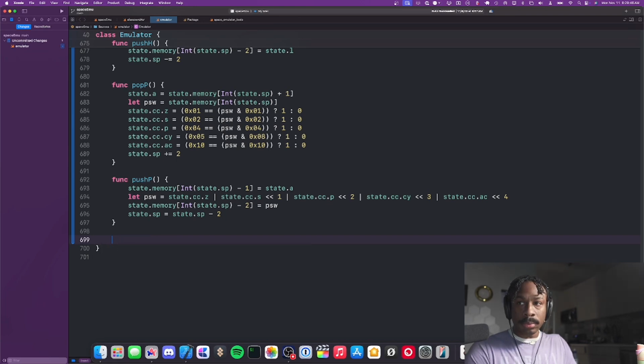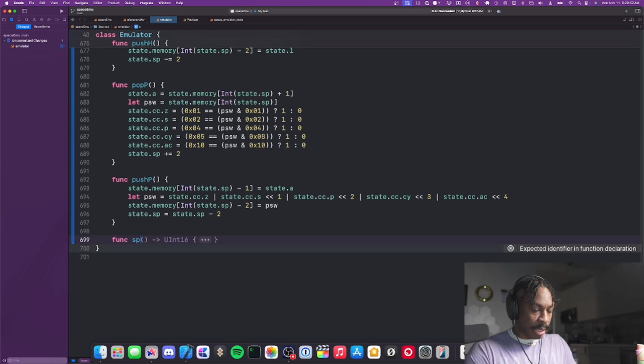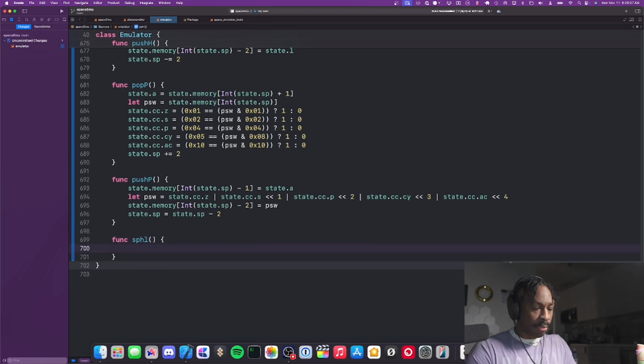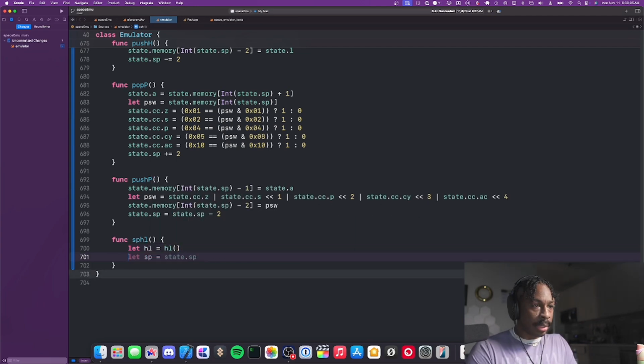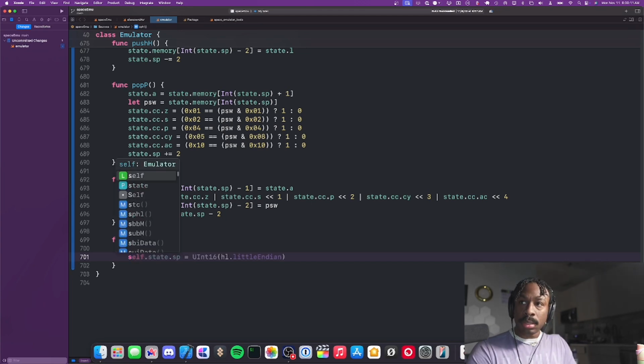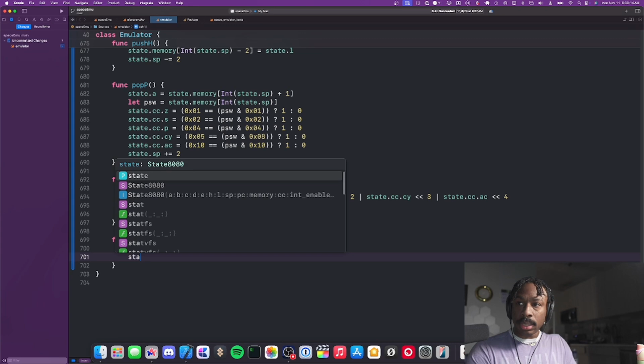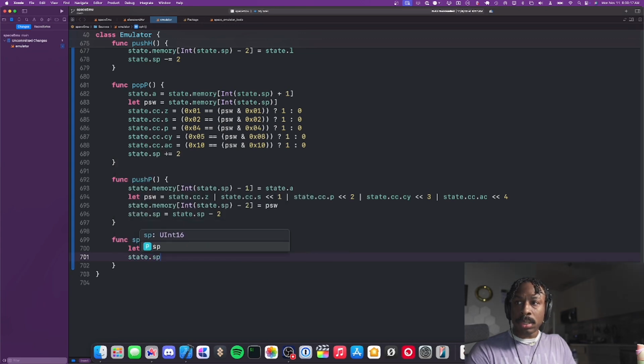So to do that, for SPHL, let HL equal HL, and then state.stackPointer equals HL. I think that's all we've got to do.